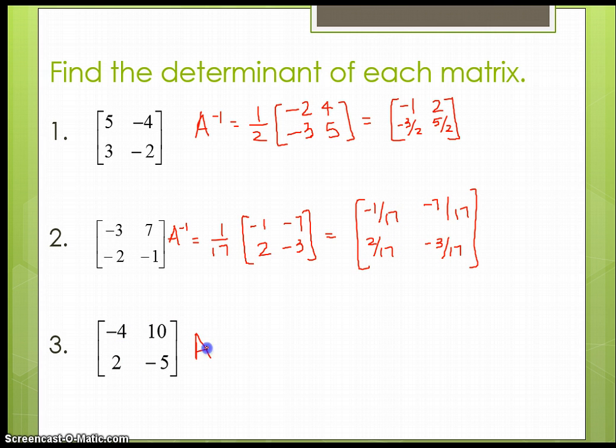On the third one, when I go to find the inverse of this matrix, I'm going to do 1 over 0, times negative 5, negative 10, negative 2, negative 4, but you can't have 1 over 0. So when your determinant is 0, there is no inverse.